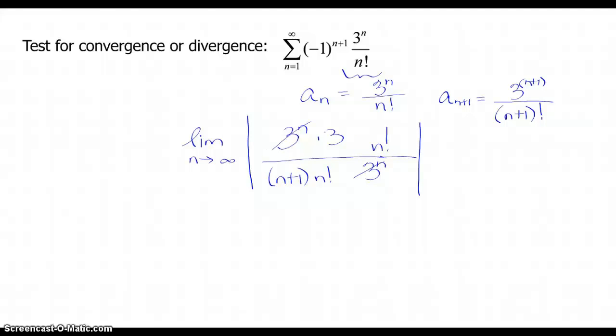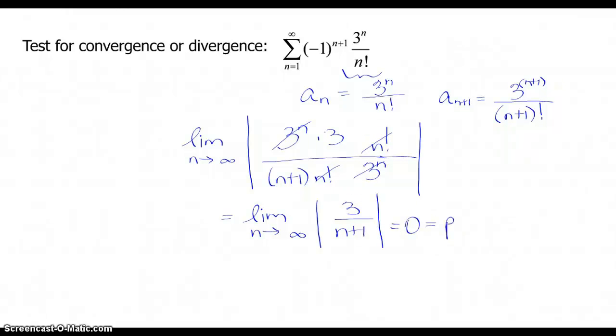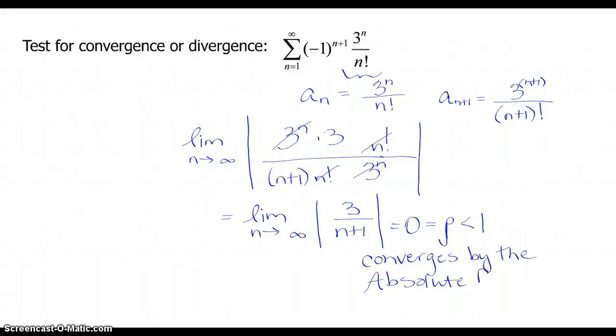And I can cancel common terms. And this is the limit as n approaches infinity of 3 over n plus 1. Again, that's 0. Remember, that's rho. Anytime rho is less than 1, your series converges, and you're running the absolute ratio test.